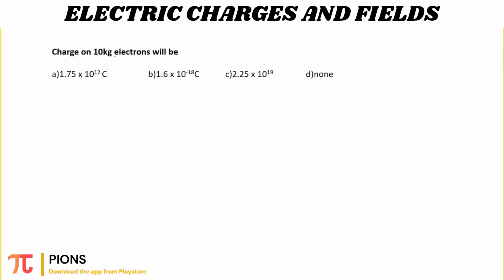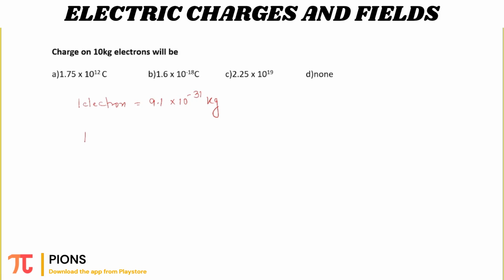Charge on 10 kg electrons will be. First we have to find the mass of one electron. One electron has a mass of 9.1 into 10 to the power minus 31 kg. So first we will have to find how many electrons are there in 10 kg.